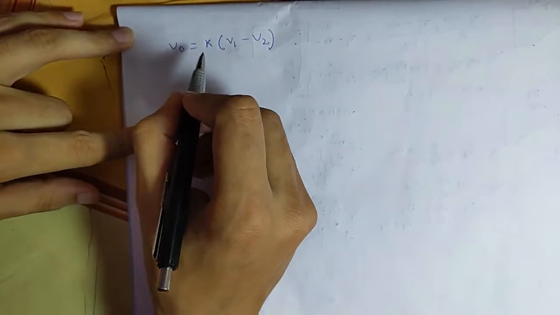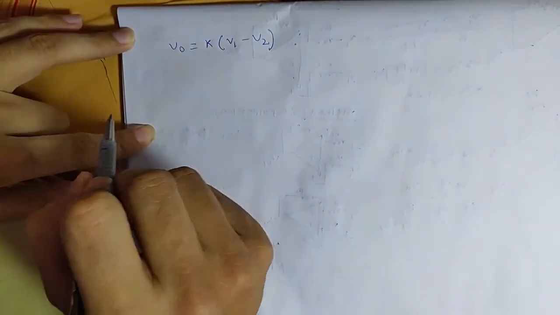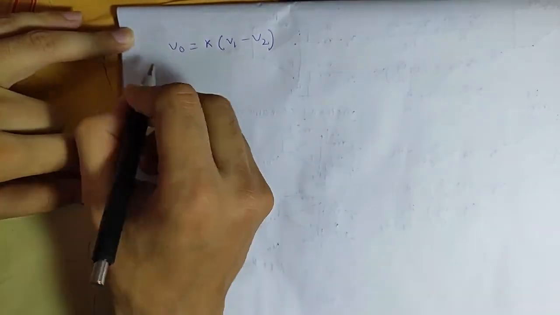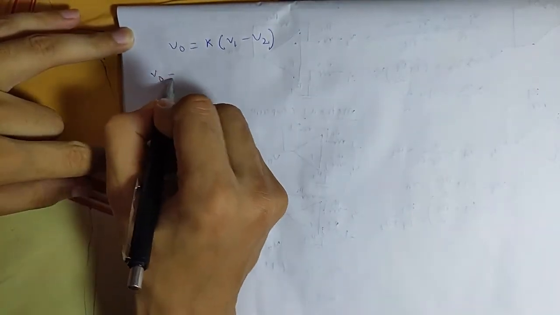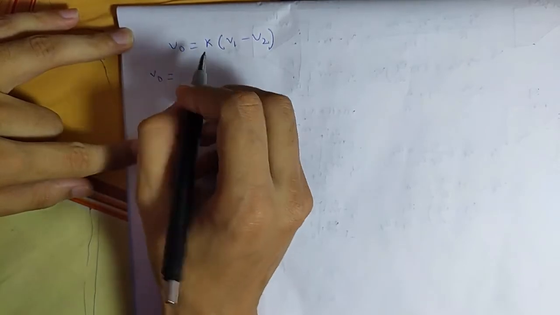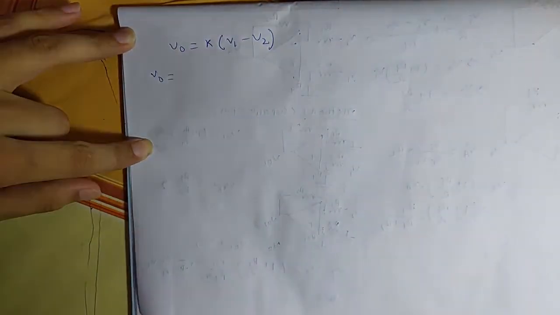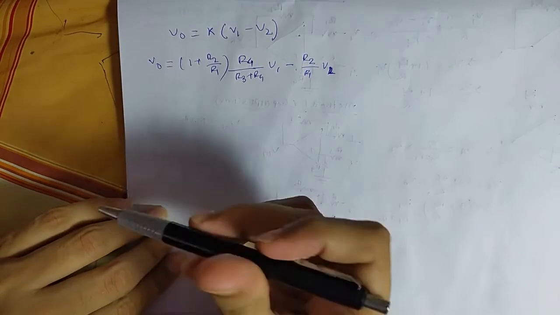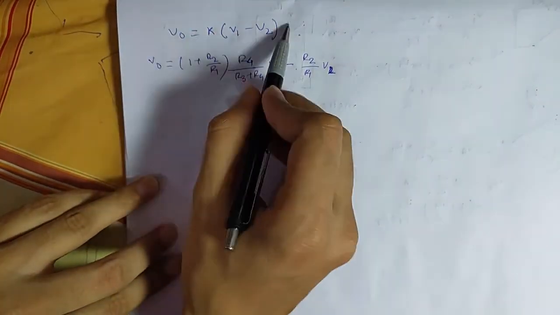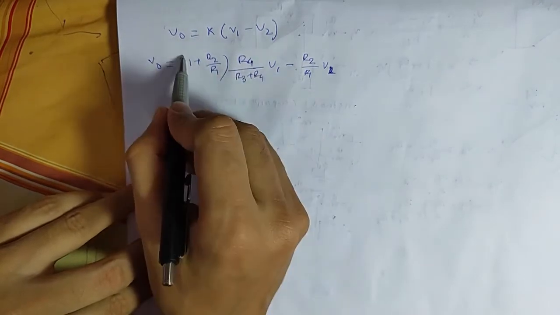Again, looking at the previous expression, I'm writing it again, V0 equals this, so that was our expression. To achieve this kind of expression, the gains should be equal.